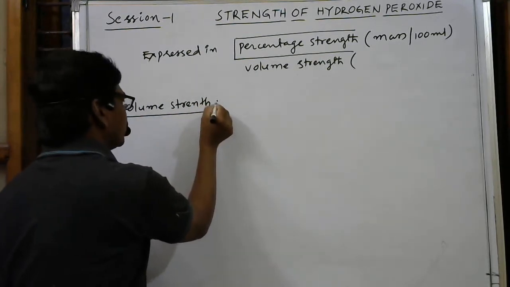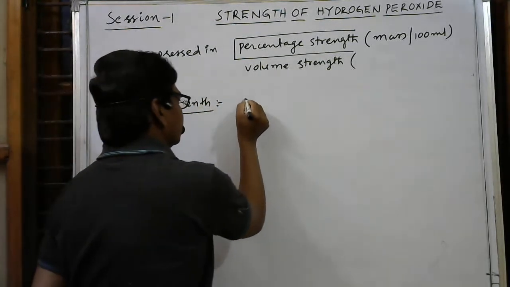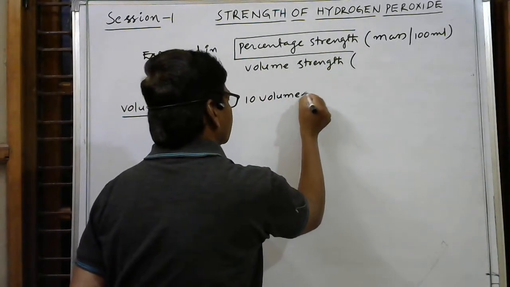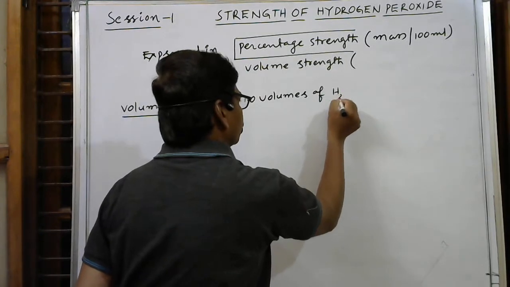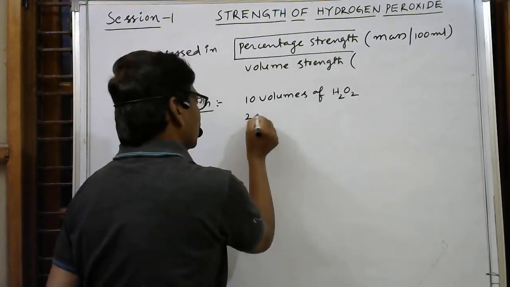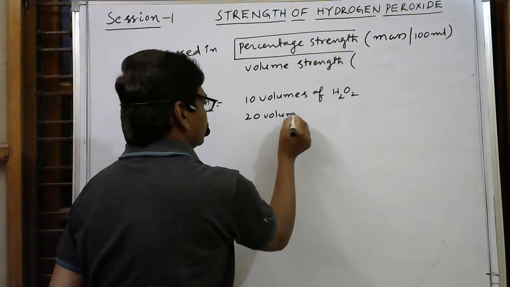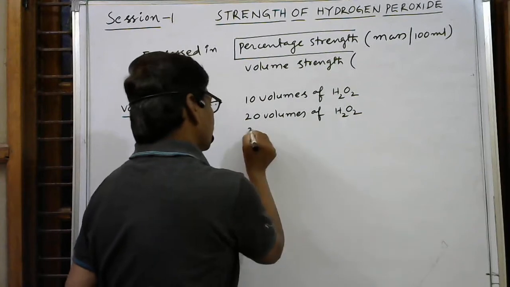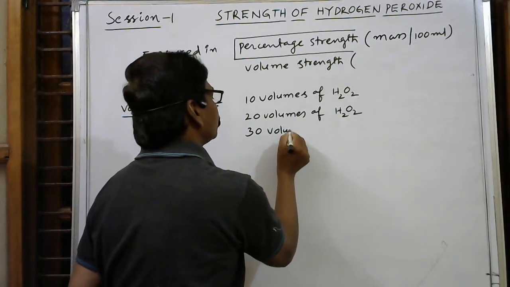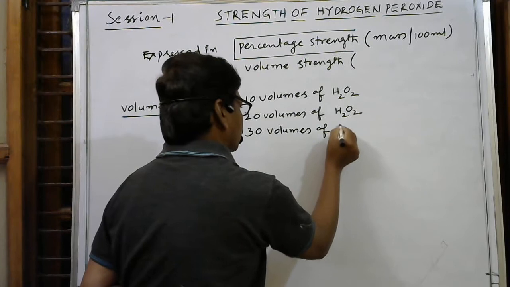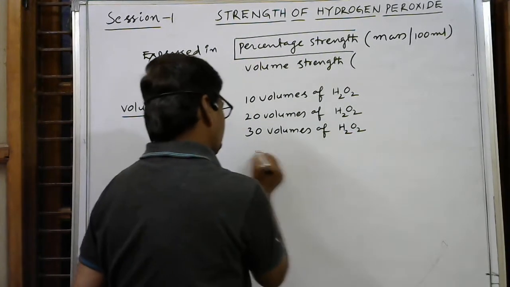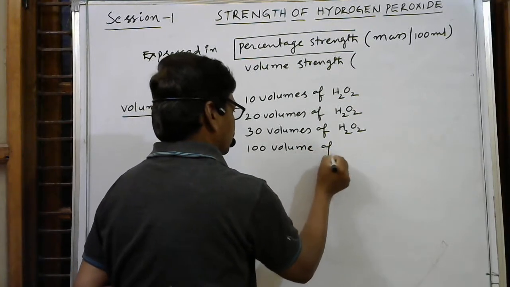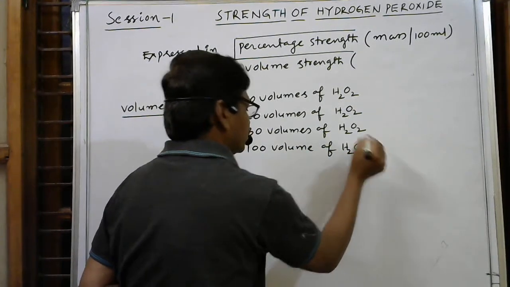Volume strength of hydrogen peroxide is expressed in 10 volumes of H2O2, or 20 volumes of H2O2, similarly 30 volumes of H2O2, or 100 volumes of hydrogen peroxide.